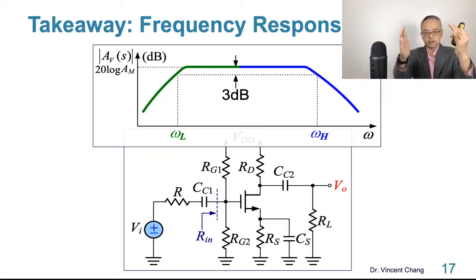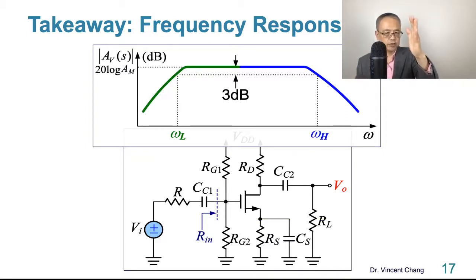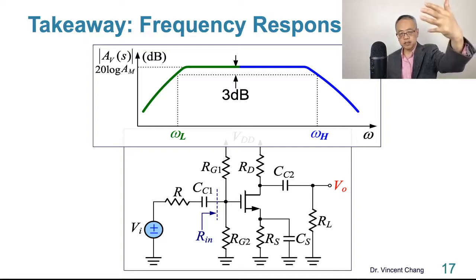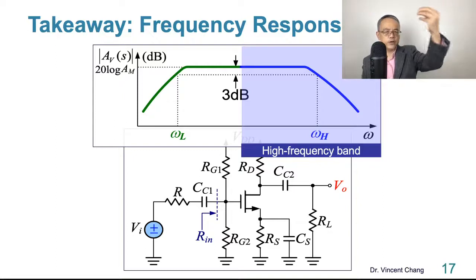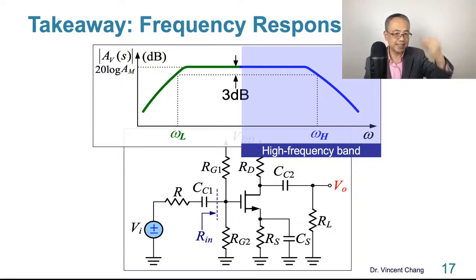The 3 decibel bandwidth is the distance between omega H and omega L in the frequency domain. The high frequency response is caused by the internal capacitors, like CGS, gate to source capacitance, or gate to drain, those parasitic capacitances of the semiconductor device.